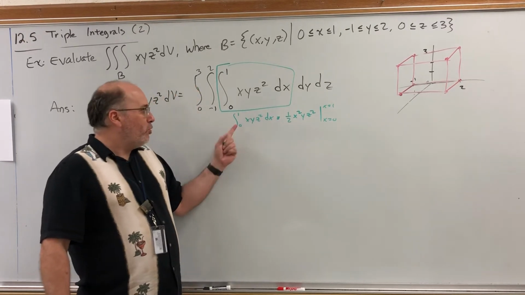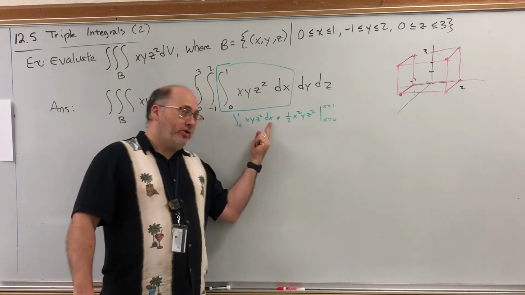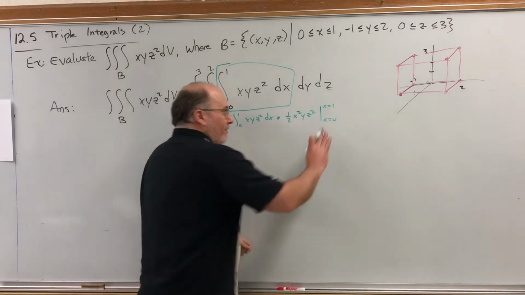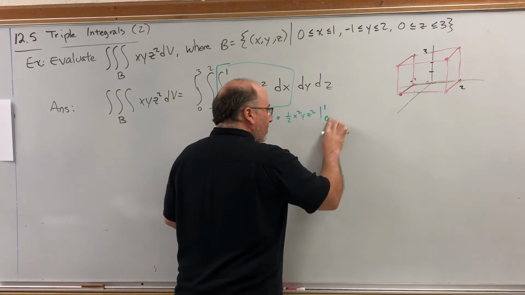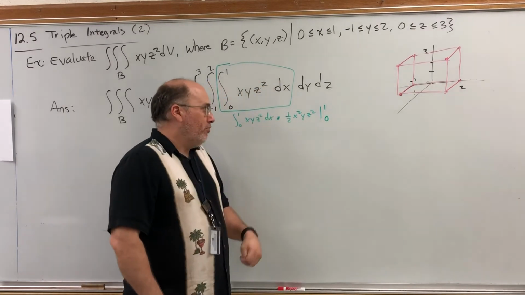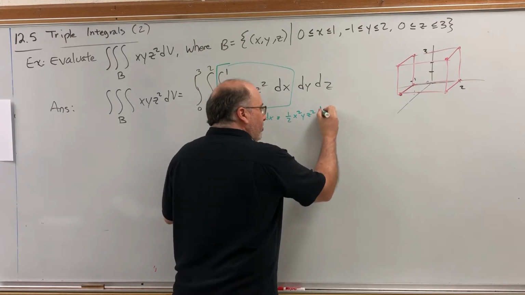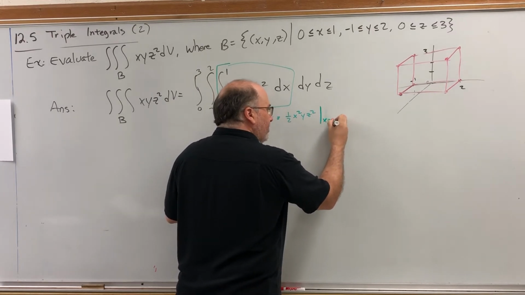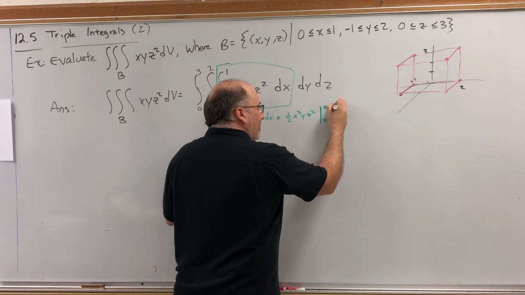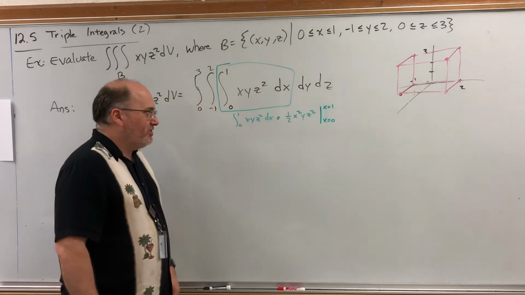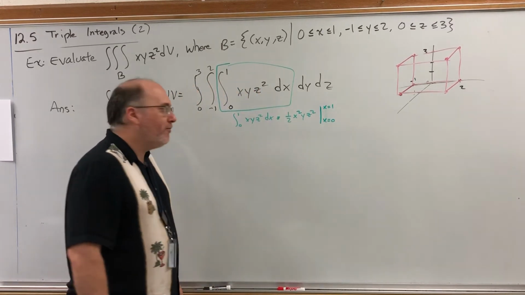Before we integrated, we knew they were x values because we're integrating with respect to x. But if I just write 1 and 0 over here, I have no evidence which variable those values are going to get substituted for. So it's good practice when you're doing double integrals, triple integrals, and beyond, to specifically say which variable you're substituting the limits for.